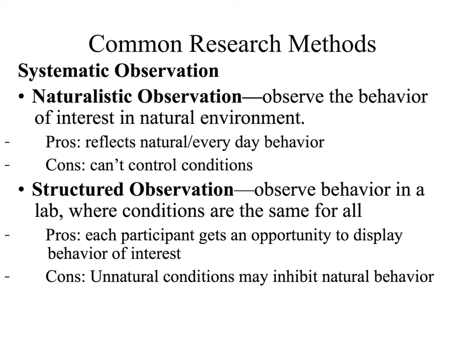It's possible that that uncontrolled variable, the ice cream truck, played a role in the child's behavior. This is where a structured observation allows you to maintain the conditions the same for everyone, and that would allow each participant to get an opportunity to display a behavior of interest in conditions that would be controlled by you.